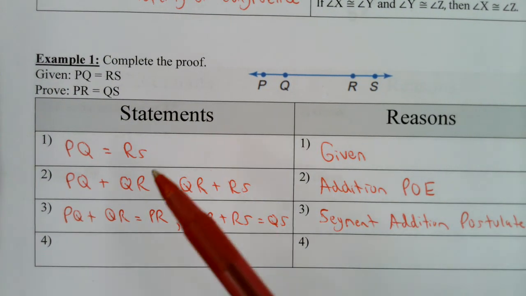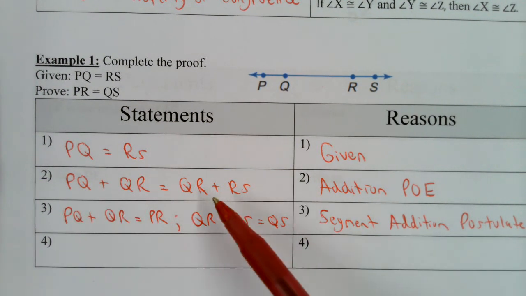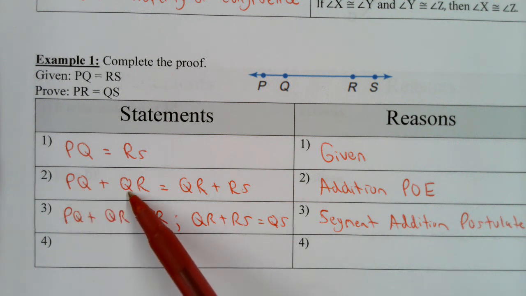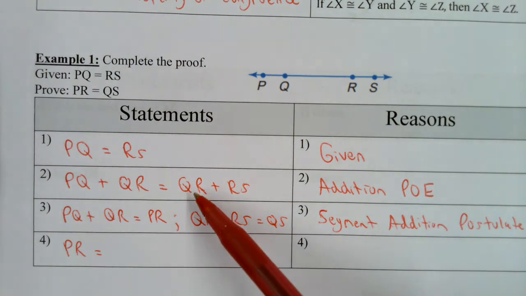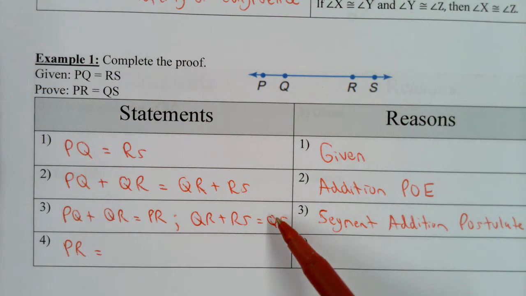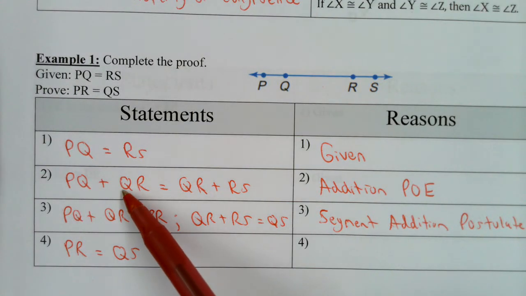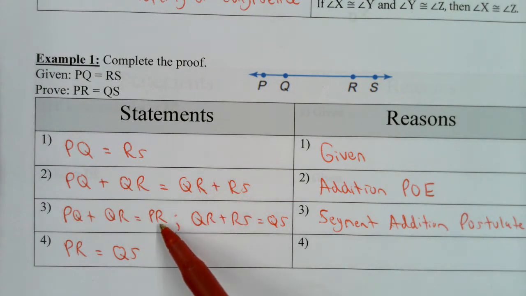Now if you look at step 2, I have PQ plus QR equals QR plus RS. I'm going to replace PQ plus QR with PR, and I'm going to replace QR plus RS with QS. So I took step 2 and replaced each side with what it's equal to.